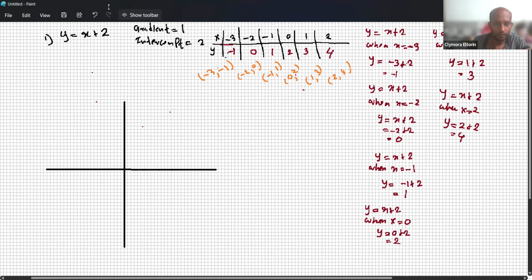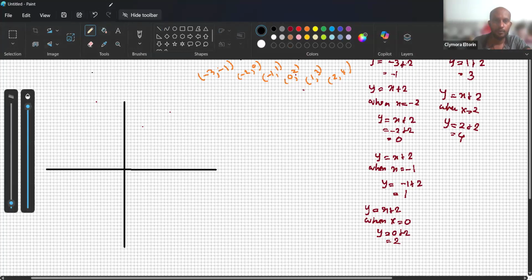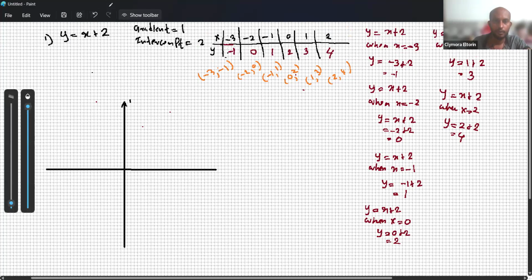This is my x-axis. We should name those axes, y and x.